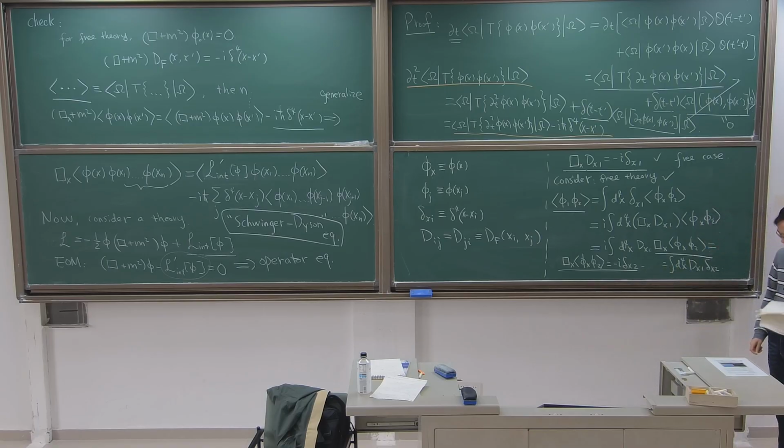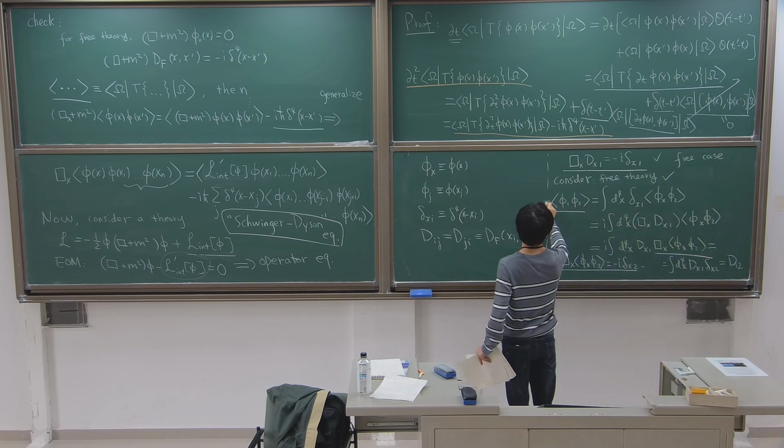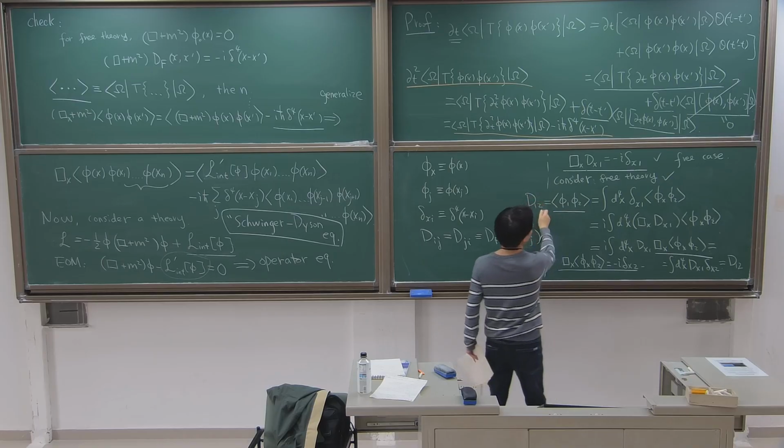And of course, with the delta function in the integral, this is nothing but D21 or D12, that's the same. So indeed this is just a consistency check. This agrees with the initial definition, which is D12.